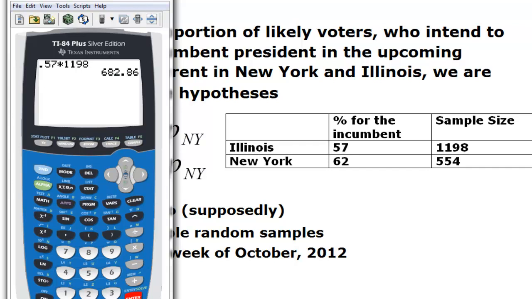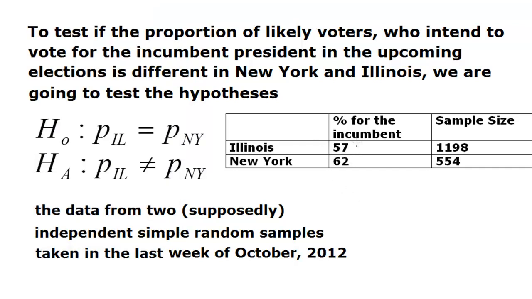So let's write that value in here. So the number is 682.86. Actually, we could round it to a whole number because that's what it generally takes anyways, right?